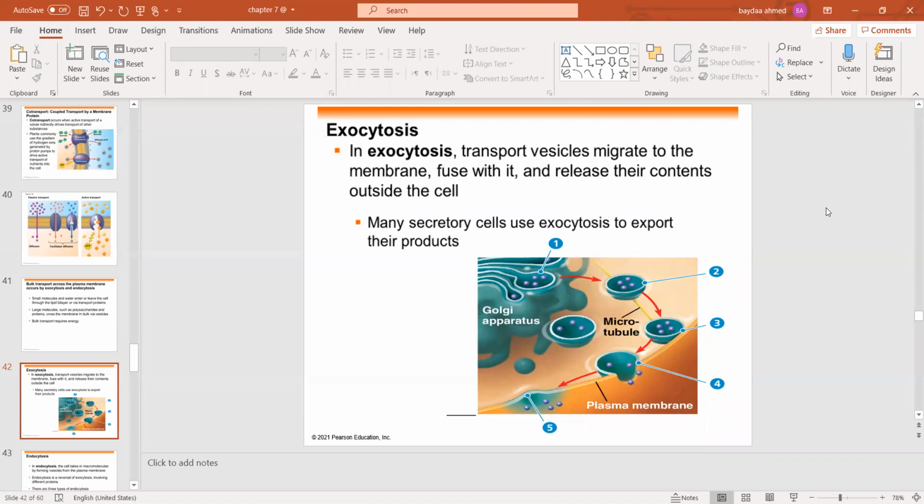The contents of the vesicle spill out of the cell, and the vesicle membrane becomes part of the plasma membrane. Many secretory cells use exocytosis to export products. For example, cells in the pancreas that make insulin secrete it into the extracellular fluid by exocytosis.